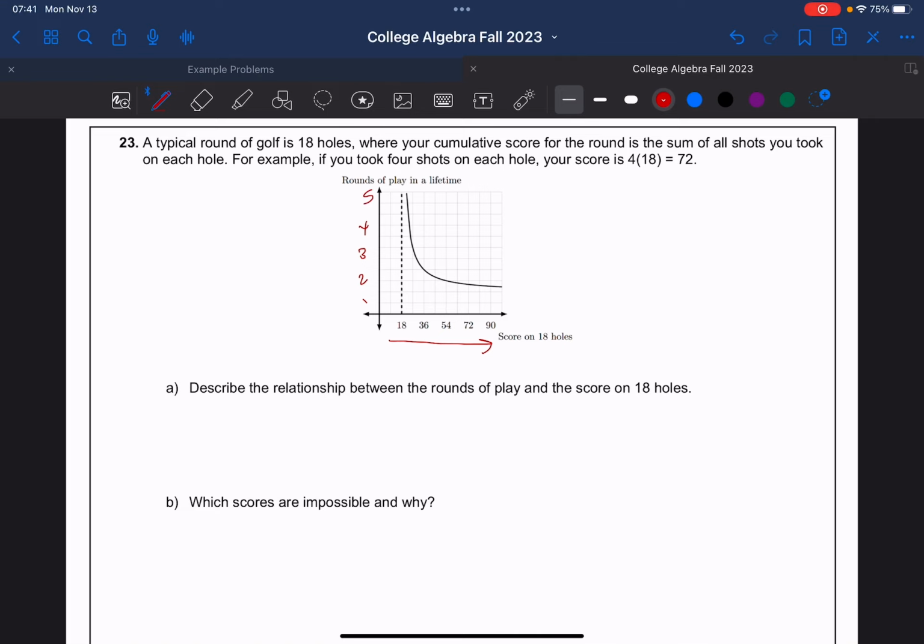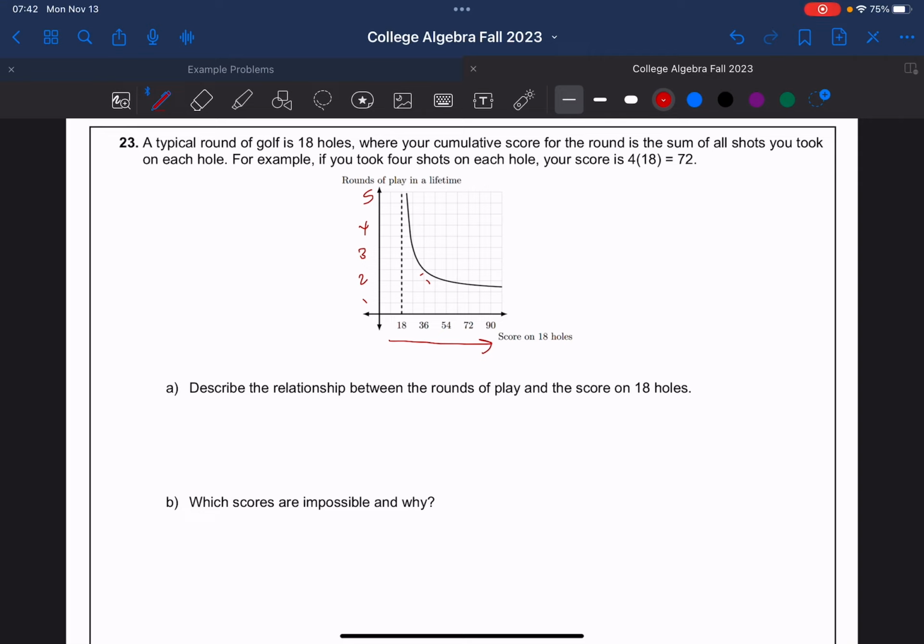What is that relationship between the rounds? So what is the graph doing? As you play more rounds of golf, what is happening? You're doing more shots. More shots, more rounds. No, more rounds, more shots. Because it's going down, so it's saying that the least rounds you play, the higher your score.